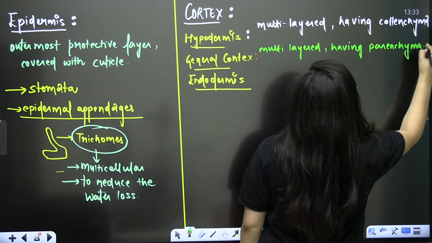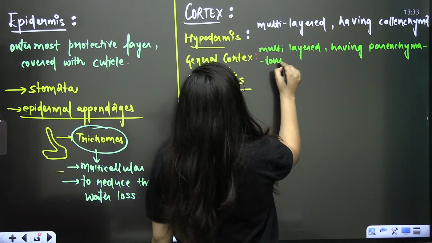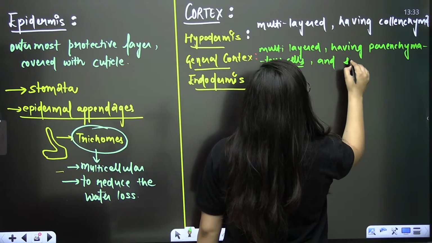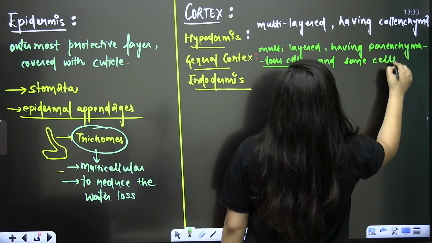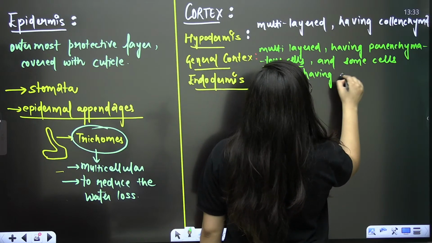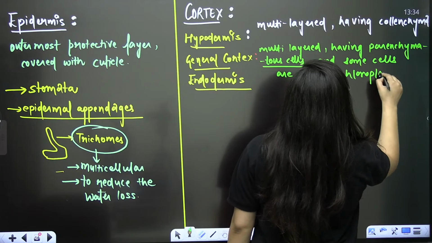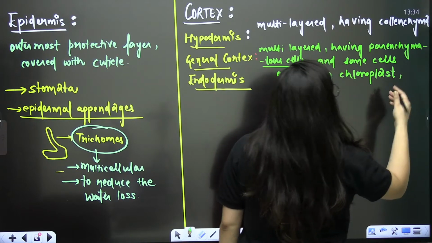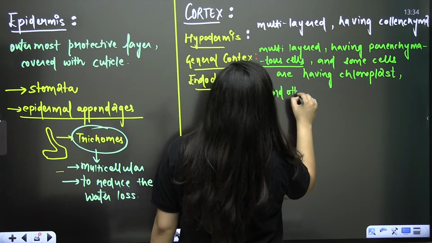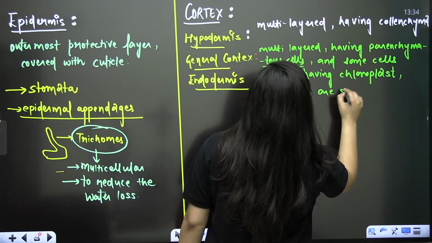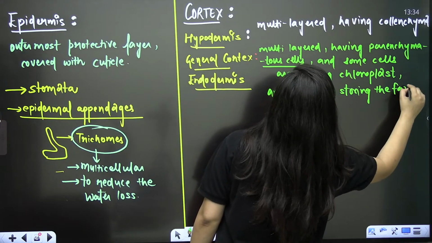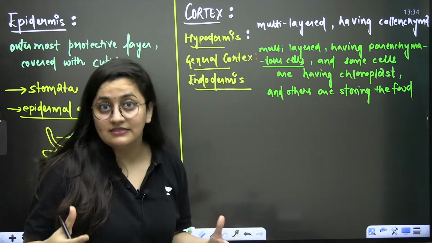Some cells have chloroplast, so obviously they perform photosynthesis, and others are storing food. They even store some resins and tannins like this as well.